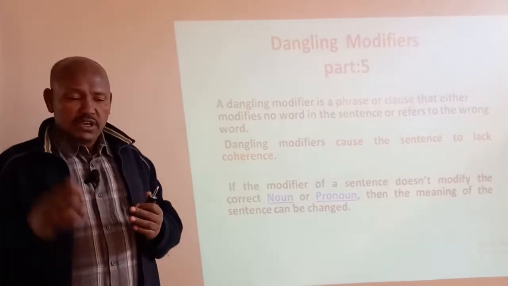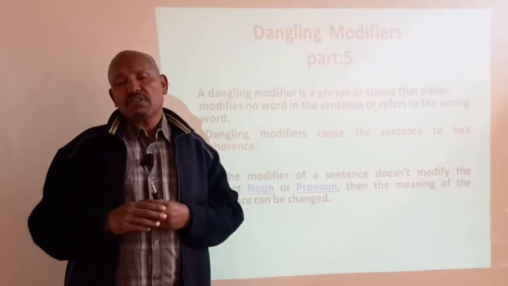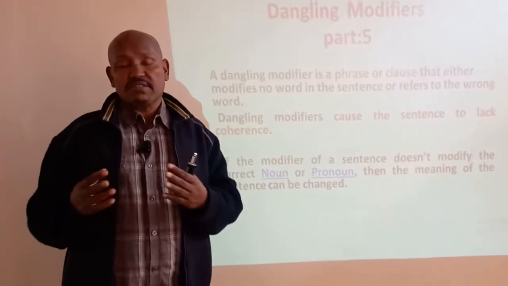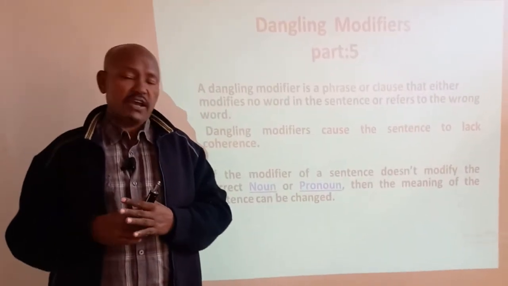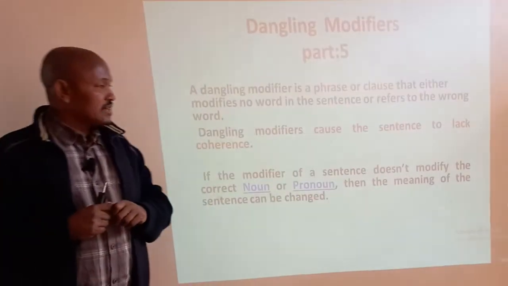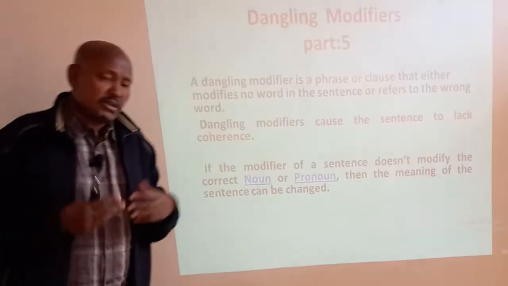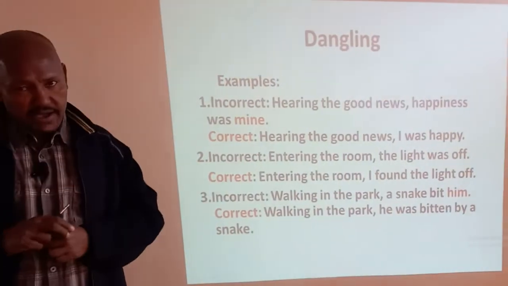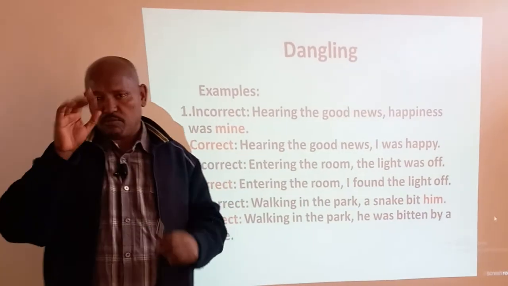Coherence. If we say dangling modifier, the sentence lacks coherence. The sentence doesn't give meaning. So if a sentence doesn't modify the correct noun or pronoun, that's also a dangling modifier. This is the sense of what dangling modifier means.